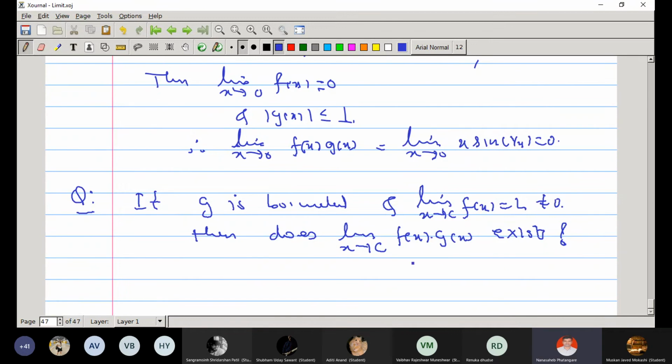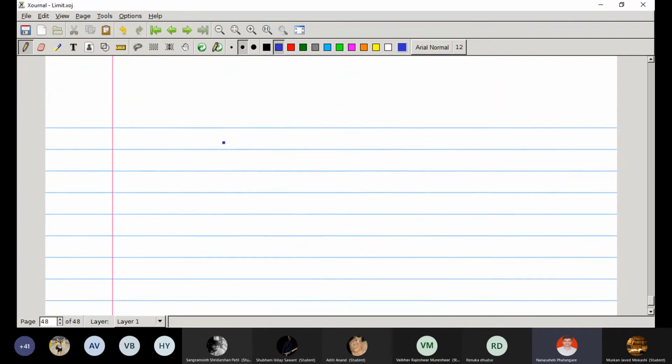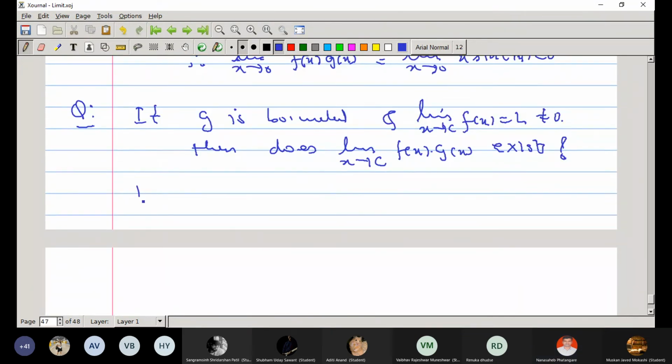If the limit of f(x) is non-zero, is the theorem applicable in this case? No, sir. For example, sine 1 by x.